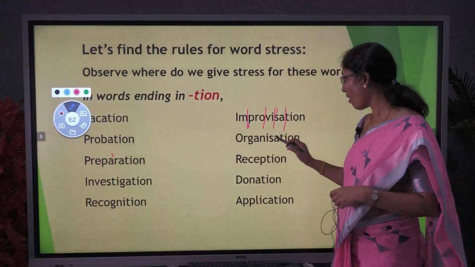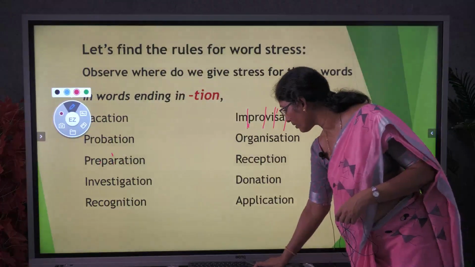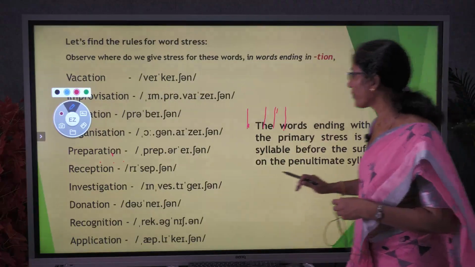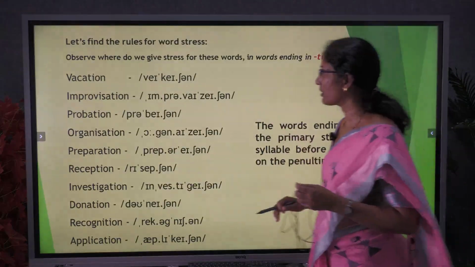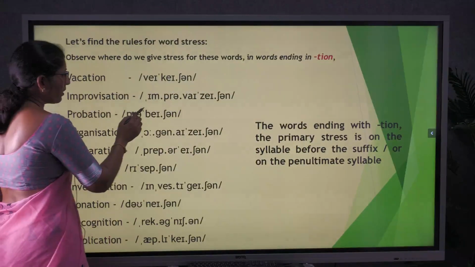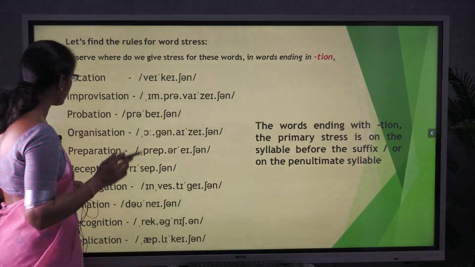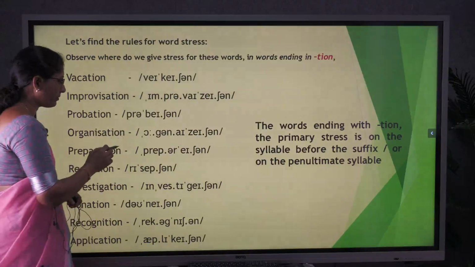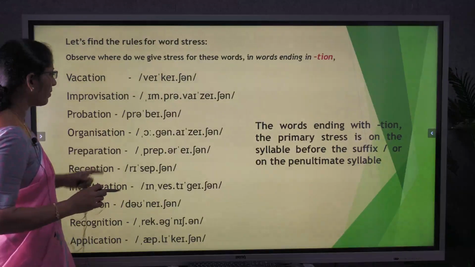Next, organization. Organize. Let's do this one, then it will be easier for you. See, it's clear now. Vacation. Improvisation. So the stress is on the first syllable. Next, probation. As this is the second syllable, there is no secondary stress.